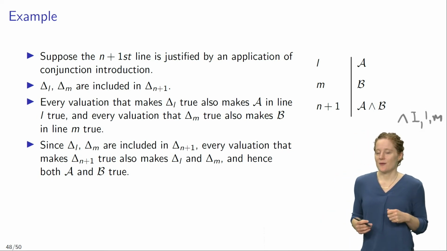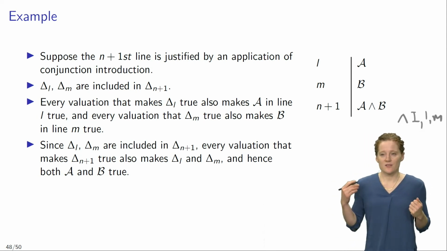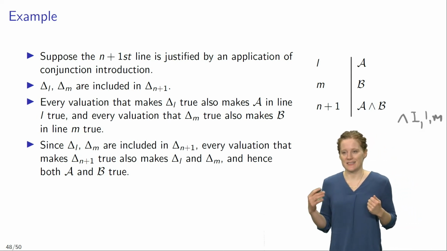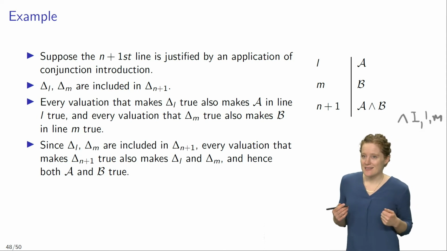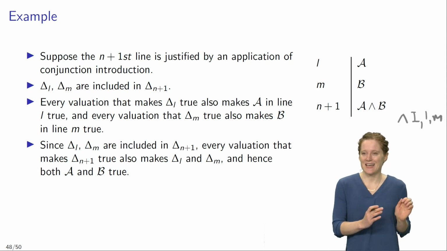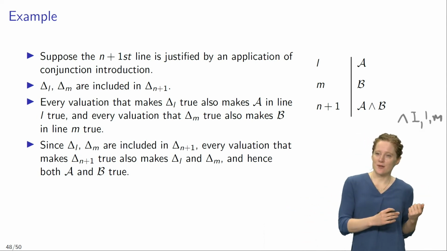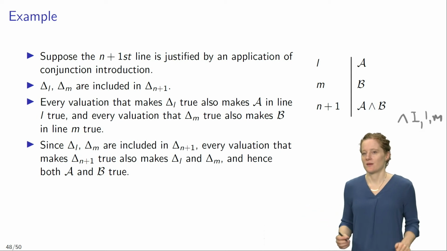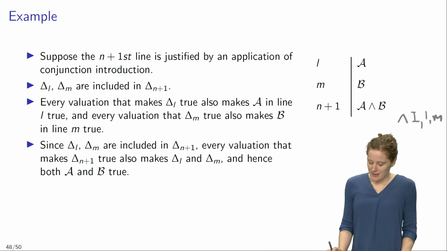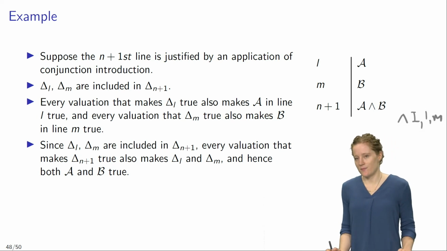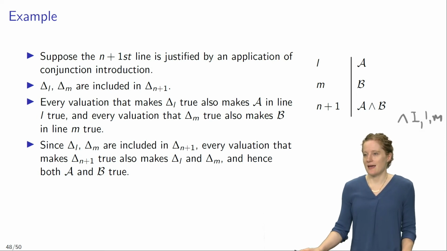And that means that whenever all sentences in delta n plus 1 are true, it follows that all sentences in delta L and delta M must be true as well. But we have just reasoned that whenever all sentences in delta L are true, sentence A must be true, and whenever all sentences in delta M are true, sentence B must be true. And so we can conclude that every valuation that makes all sentences in delta n plus 1 true is a valuation that makes both sentences A and B true.